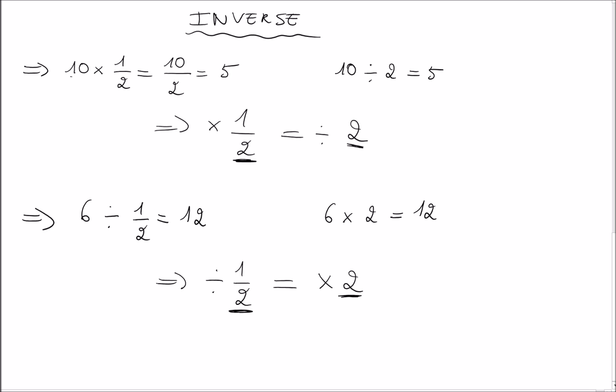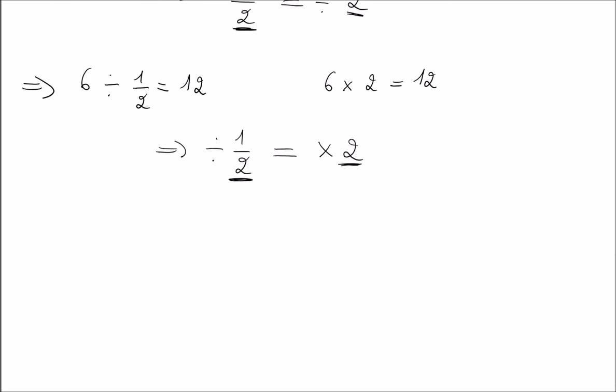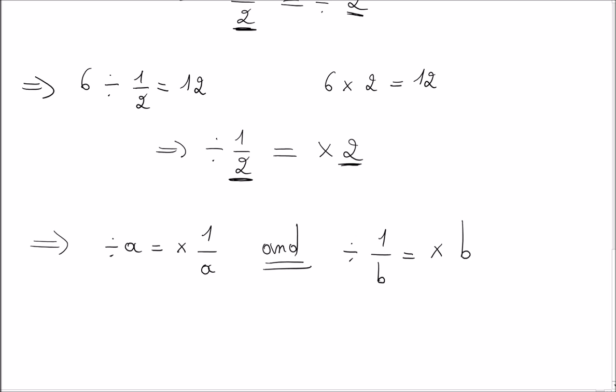You see that? Well, in general, I'm going to use letters now, not numbers. Dividing by a, so a can be any number, is the same thing as multiplying by 1 over that number. And we're not done yet, dividing by 1 over b, b can be any number, is the same thing as multiplying by b.